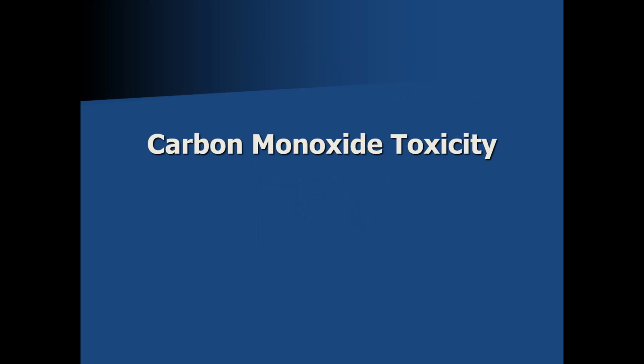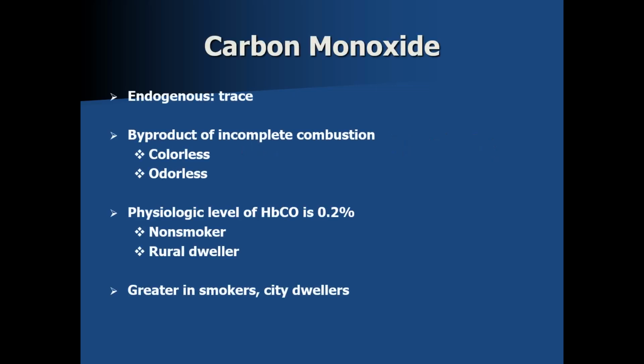The next hemoglobin abnormality we're going to discuss is that of carbon monoxide toxicity or carbon monoxide poisoning. As I mentioned earlier, a trace amount of carbon monoxide is endogenous or produced by the body.